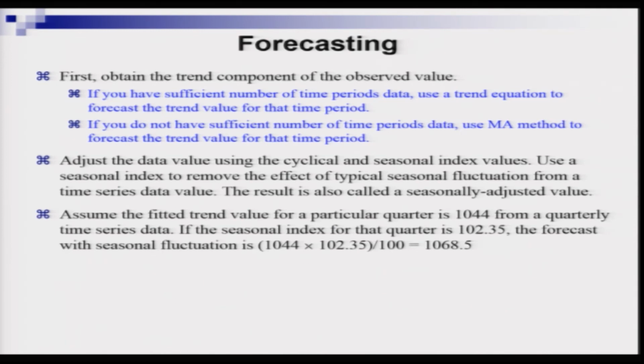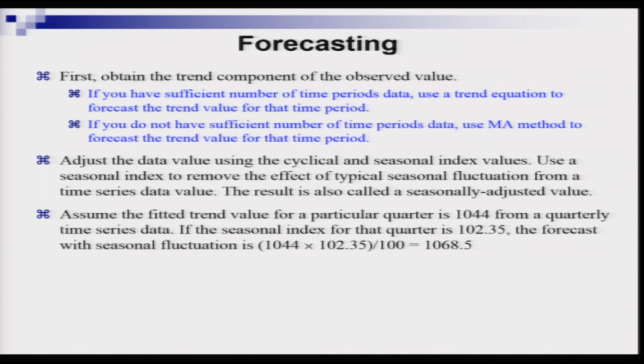So, now let us link the seasonal index concept to the forecasting job. As I said, first we have to obtain the trend component of the observed values from the time series variable. If you have a sufficient number of time periods of data, then you can use the OLS technique to fit a trend equation to the data points, and then you can obtain the forecasted value of the trend component for that time period.